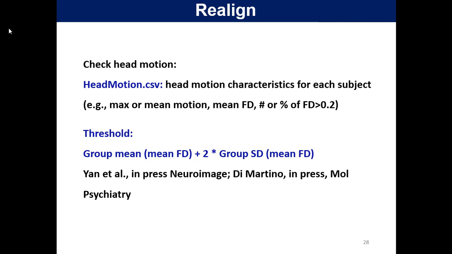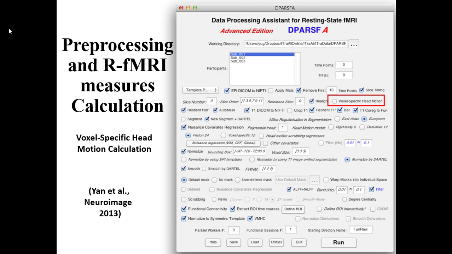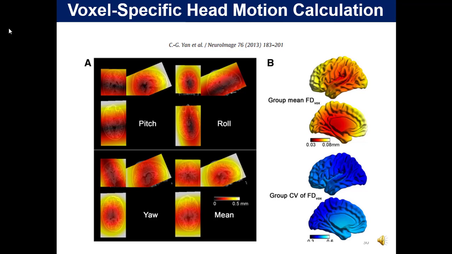Some reviewers can accept that as well. And there is also voxel-specific head motion. We proposed it, but we didn't find it very powerful. This just calculates voxel-wise head motion. If you're interested, you can do that.